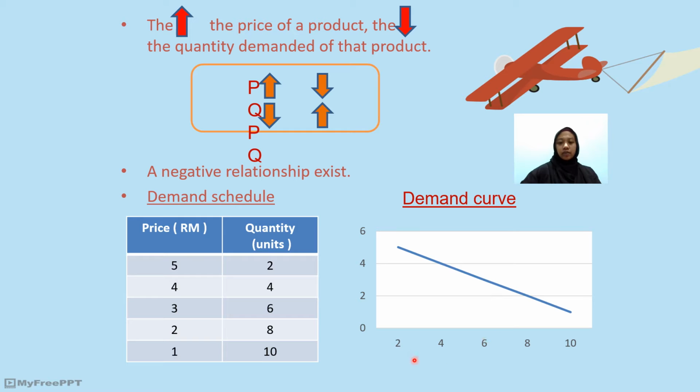The demand curve is sloped downward due to the inverse relationship, the negative relationship, so the curve will be decreasing, will be negative.